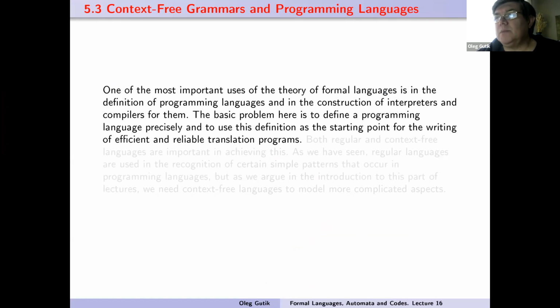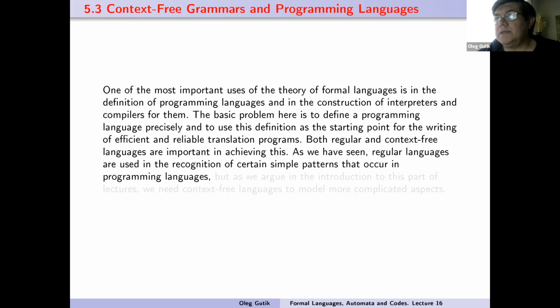The basic problem here is to define a programming language precisely, and use this definition as the starting point for the writing of efficient and reliable translation programs. Both regular and context-free languages are important to achieving this.